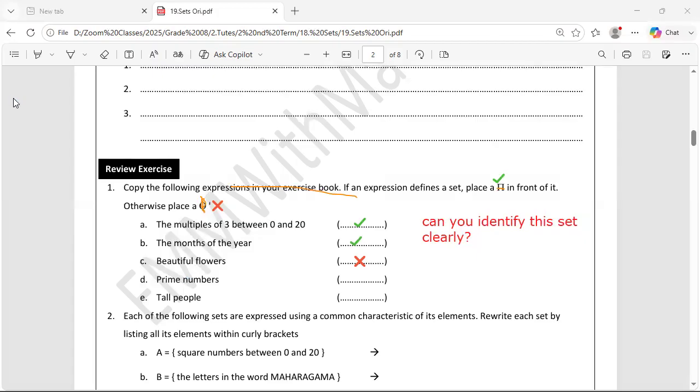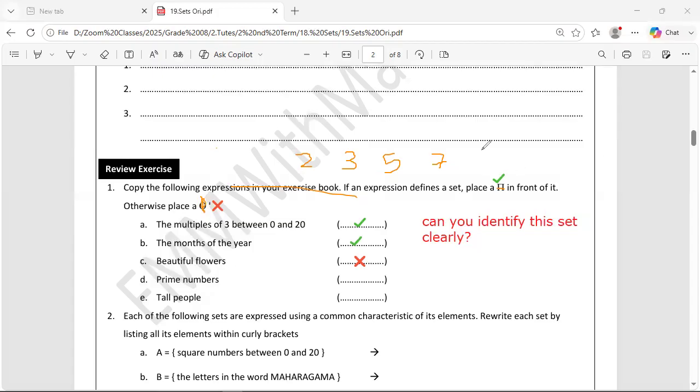So you can identify them as prime numbers: 2, 3, 5, 7. Then what is the next one? Can anyone tell me the next prime number? 11. Yes.